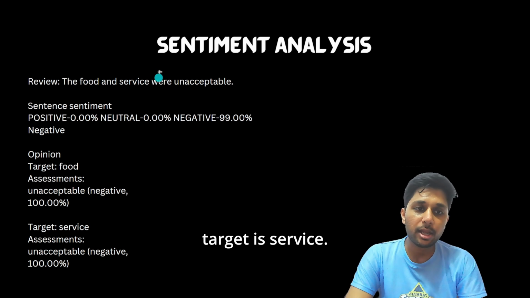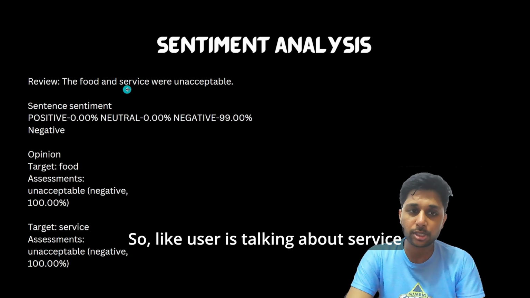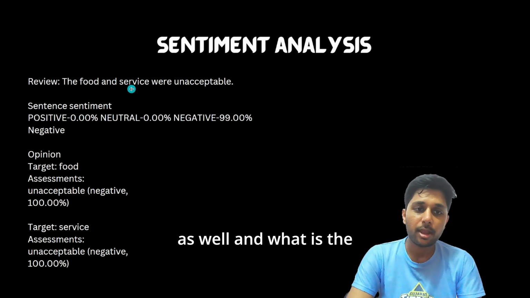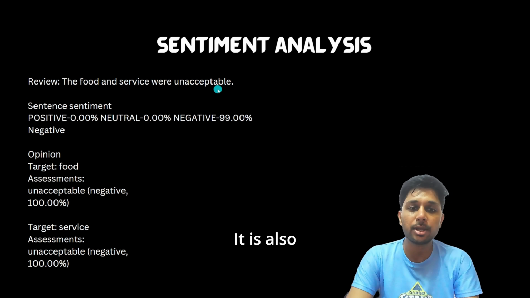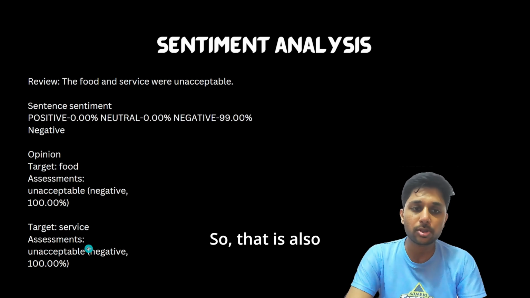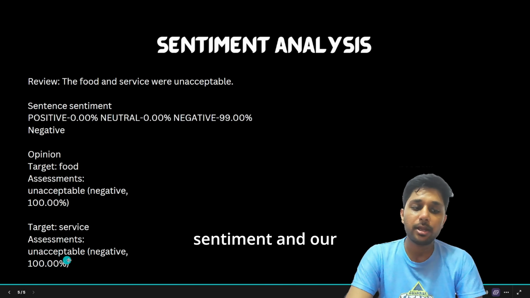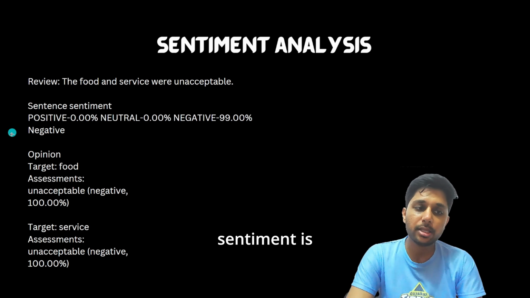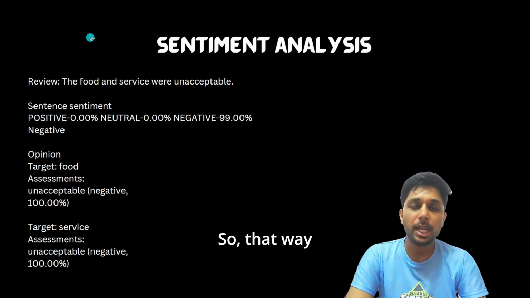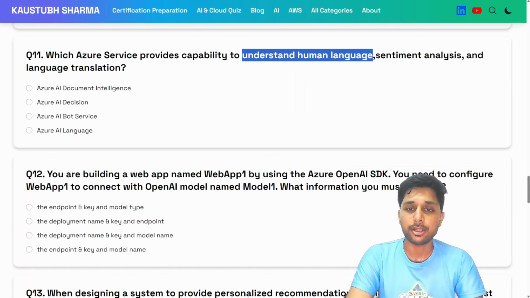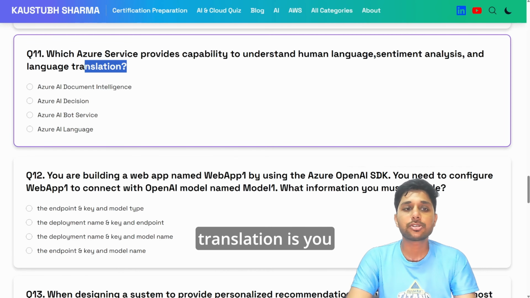Another target is service. The user is talking about service as well, and the assessment of that is also unacceptable, so that is also a negative sentiment, and our model is 100% sure about that. So the overall sentiment is also negative. That is how our model does sentiment analysis, and language translation you already know.